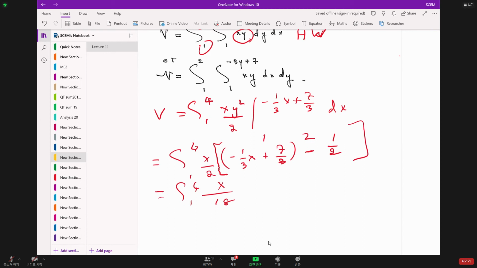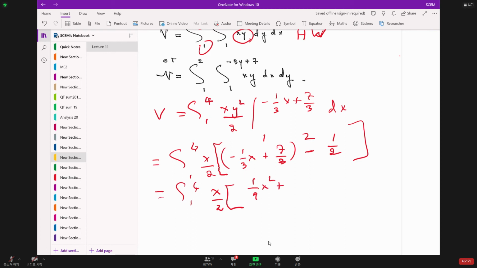So what we have is this. Then you have to do it a bit differently. You have x by 2 bracket, then we square this. You have 1/9 x squared plus, if you multiply this, that's twice that.